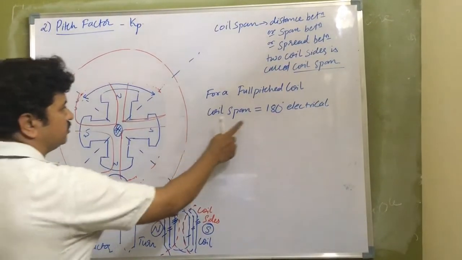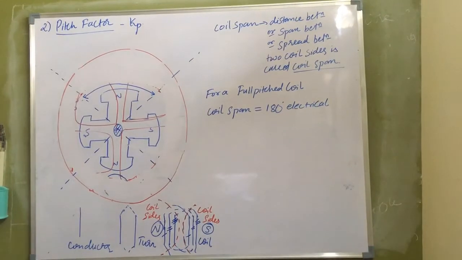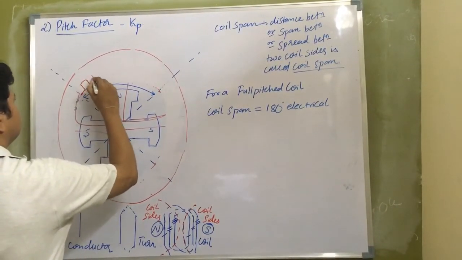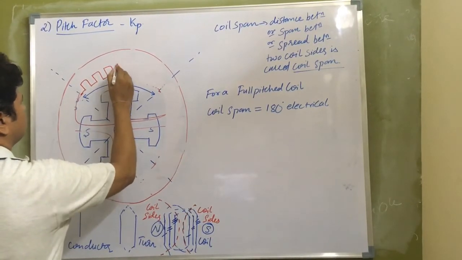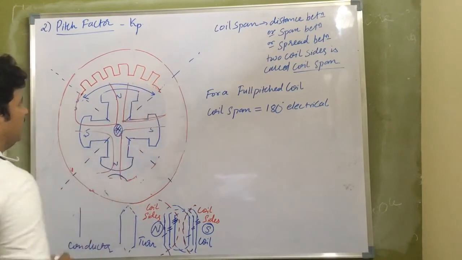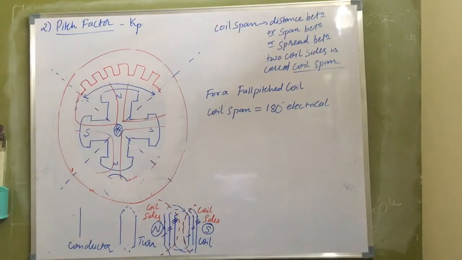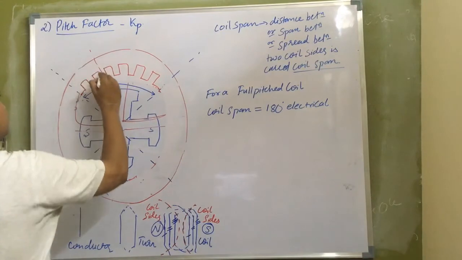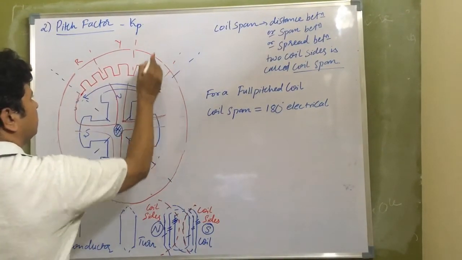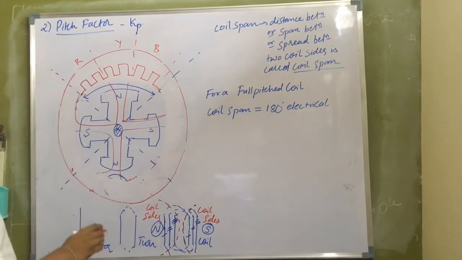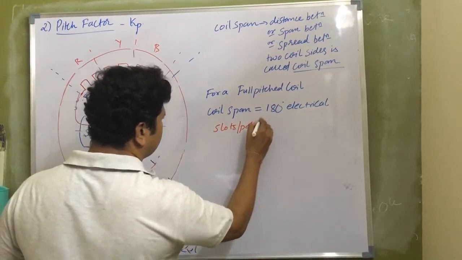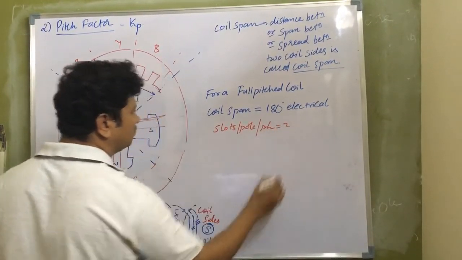Now, if coil span has to be 180 degrees electrical, then I have various number of slots. Let us take number of slots per pole per phase equal to 2. This is R phase, this is Y phase, and this is B phase. So let us take slots per pole per phase equal to 2.